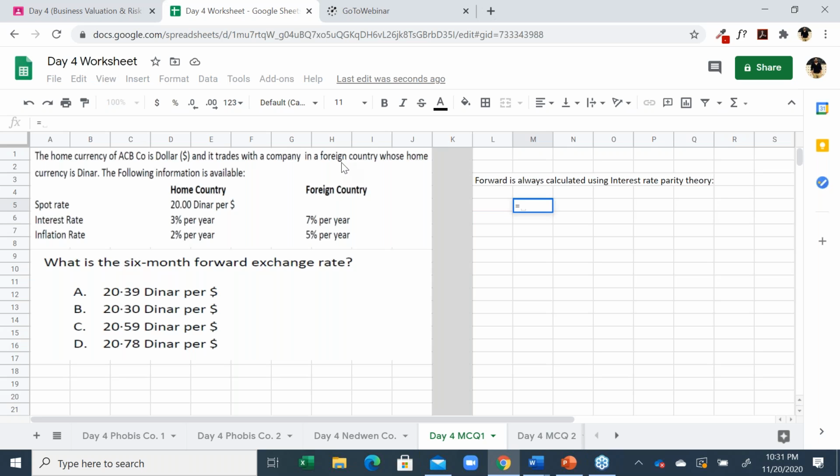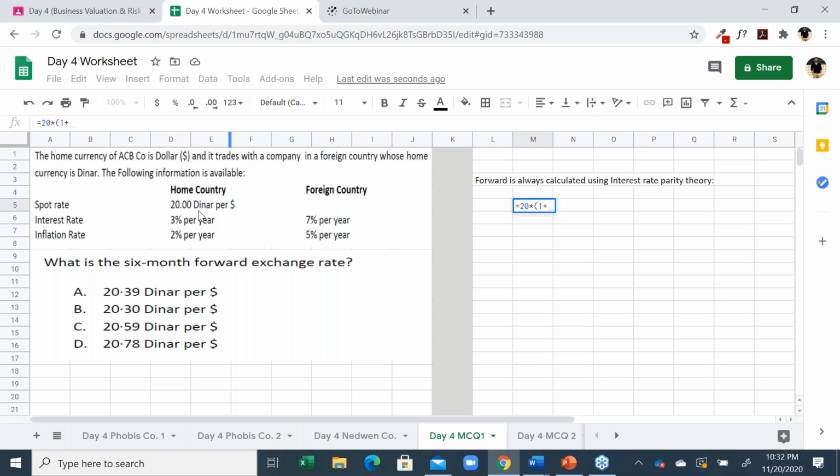Spot rate is 20, into 1 plus the interest rate. Now, when you are calculating the forward rate, the interest rate in the numerator should be of the country in which the exchange rate is being quoted. The exchange rate is quoted in dinar.